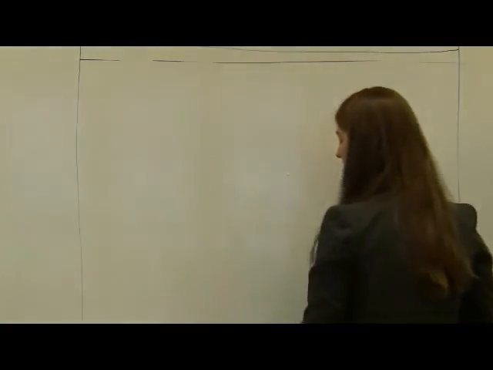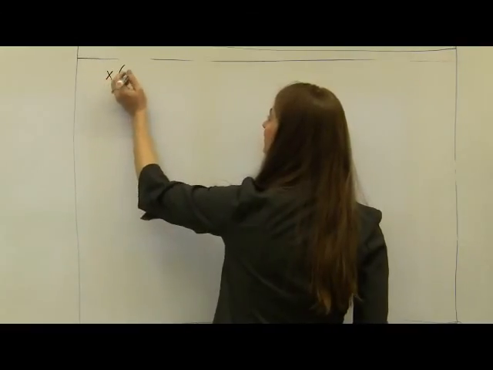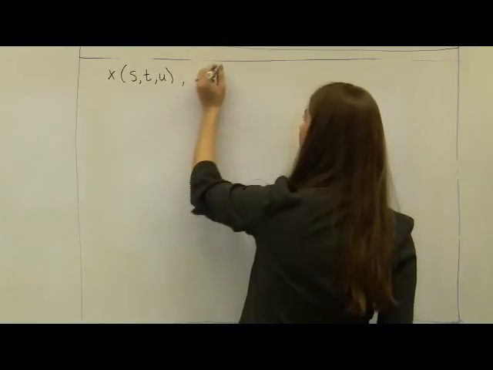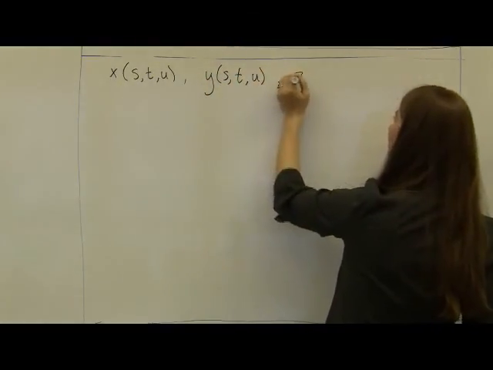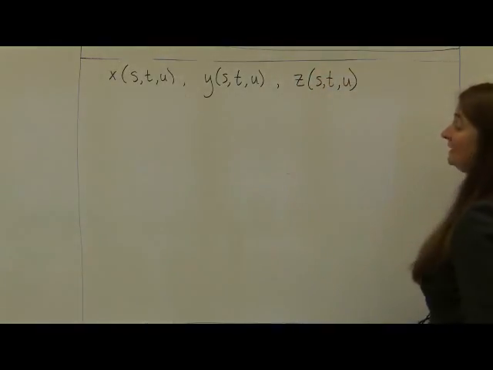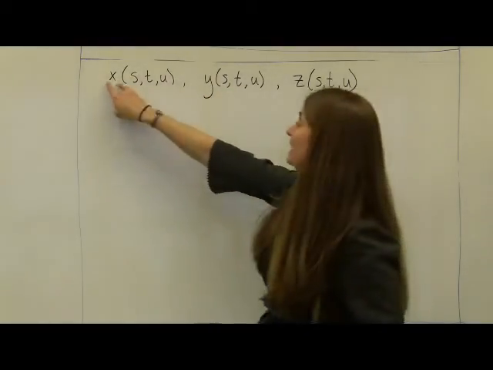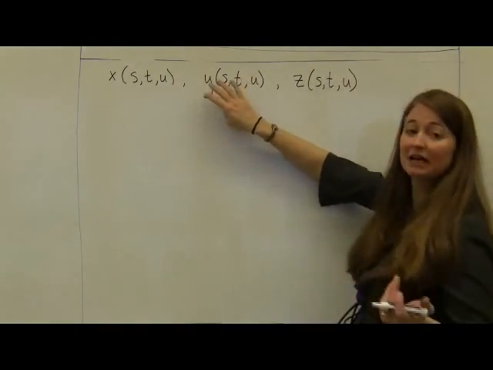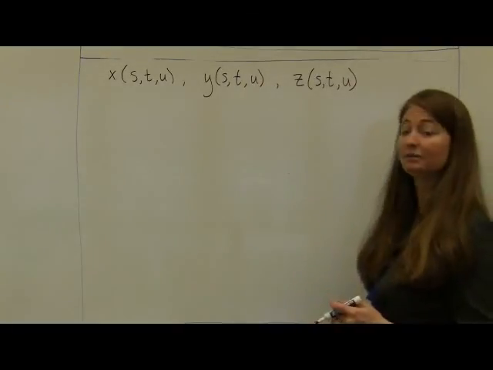Instead, I'm going to look at a function where x is a function of 3 variables, s, t, and u, where y is a function of 3 variables, s, t, and u, and z is also a function of 3 variables, s, t, and u. It need not be the case that you could have, in the example we just saw, we just had x's and y's, and they were just a function of t by itself. But you could imagine x's, y's, z's, and w's all being functions of many, many more variables.